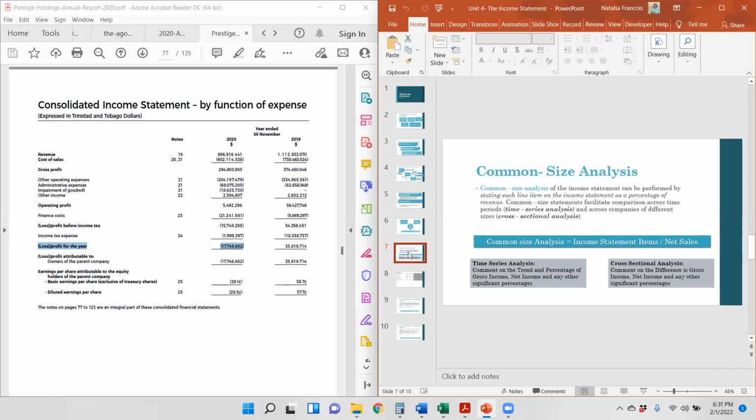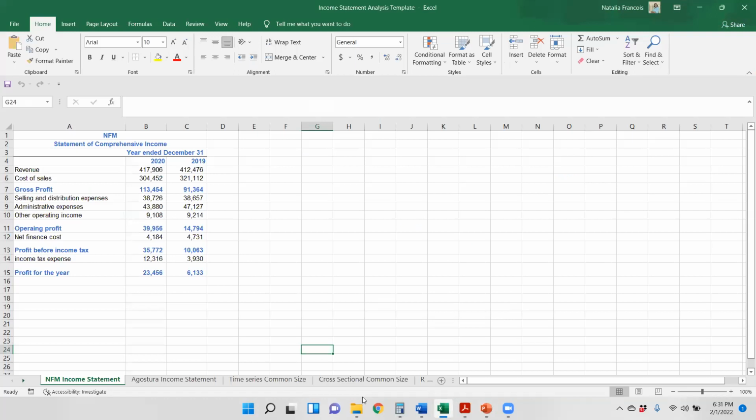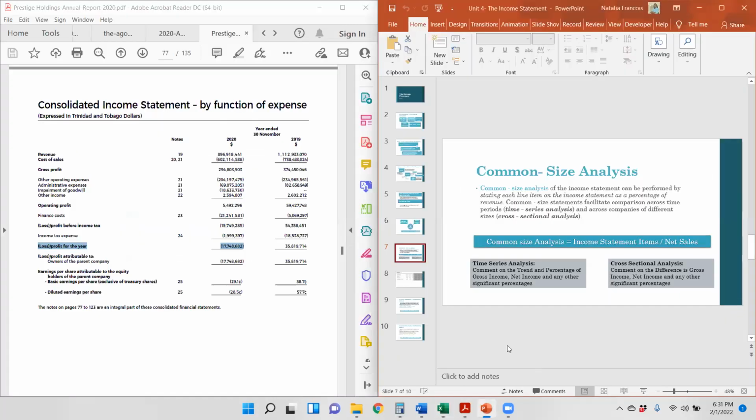How do we common size? Income statement items divided by net sales. So let me show you the template. Can you just repeat one more time? Income statement items divided by net sales.